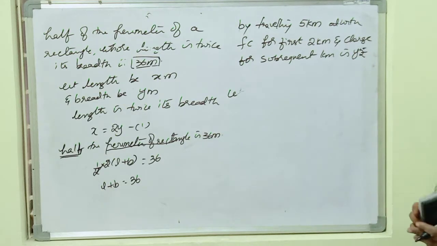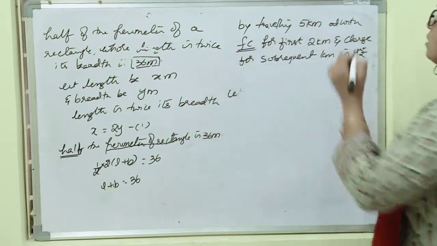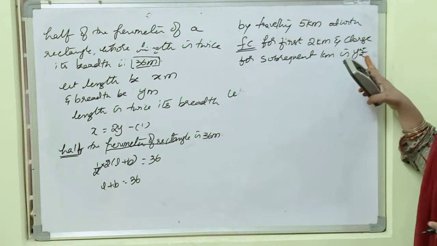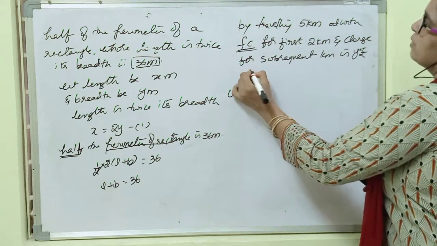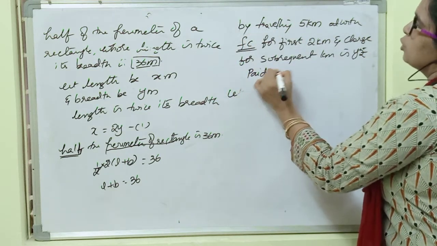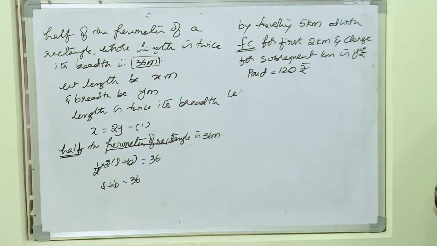So here what we don't know is the fixed charge, and the charge per kilometer thereafter also. By traveling 5 kilometers, he paid how much? Let us assume 120 rupees. Okay, so we are going to write an equation.